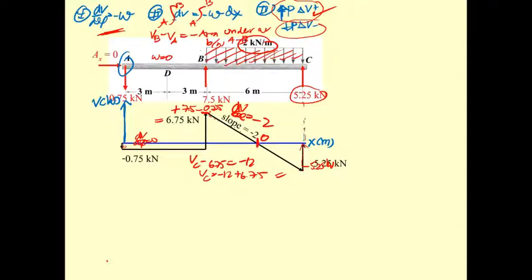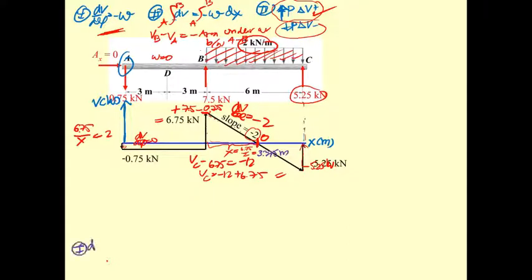This is going to produce the maximum moment between B and C. Can you determine the distance x here? Sure. From the similar triangle, 6.75 divided by x gives the slope, which is 2. So x is 6.75 divided by 2, which is 3.375 meters.